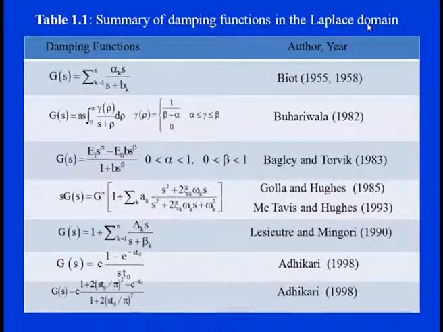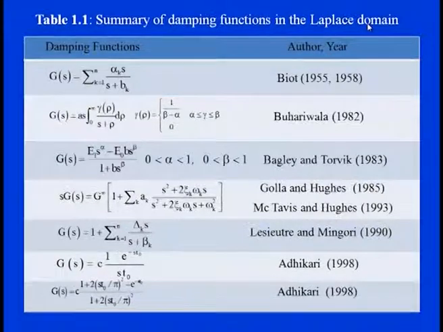It started from 1958 by Bayot, which clearly shows that the Laplacian transformation function g of s equals the summation of a_k s divided by s plus b_k. In 1982, Biot's follower Burilwala also showed different variations of gamma, the linear dissipation model, rho divided by s plus rho d rho, where gamma is defined such that if alpha is less than gamma, then it is beta minus alpha, or if it lies in between, it can even give the 0 value.